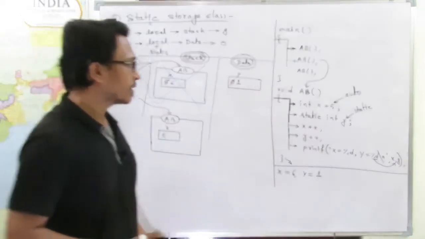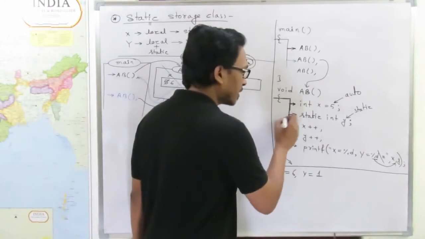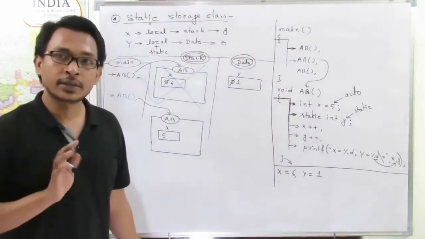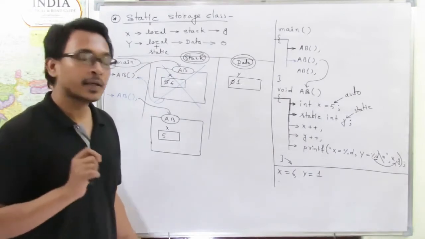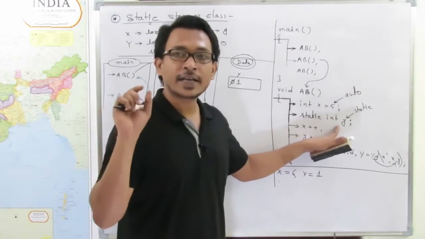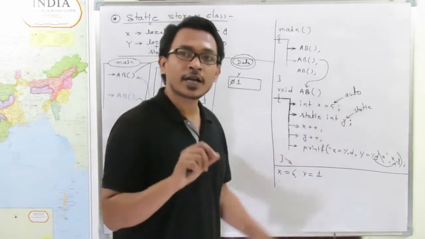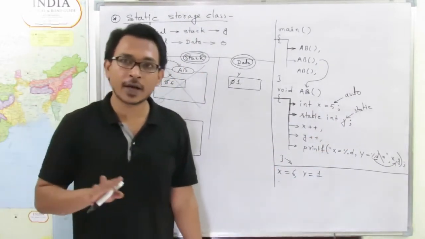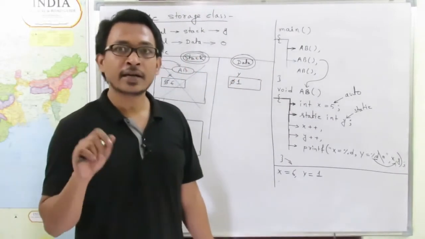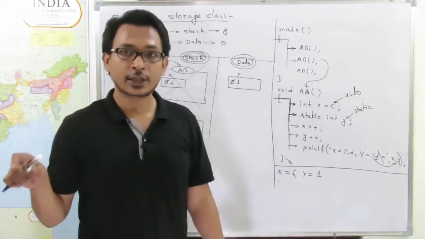Now coming to the next instruction. What is the next instruction? Next instruction is static int y. Now the system will check the data section whether this static variable y is already defined in the data section or not. If memory is already allocated for y, the system will not allocate memory for y in the second execution.